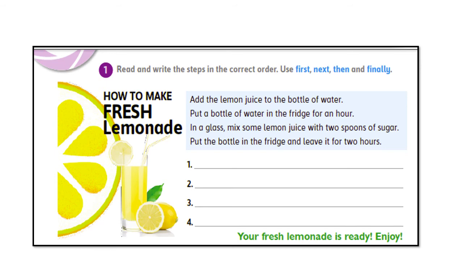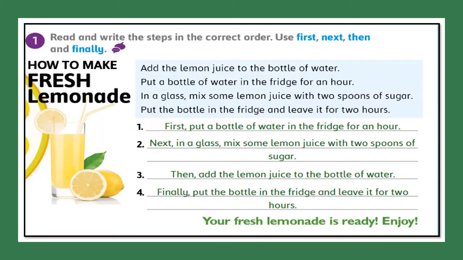Now, you can pause the video for a while to put the steps in the correct order. Back again, let's check our answers. 1, or first, put a bottle of water in the fridge for an hour.